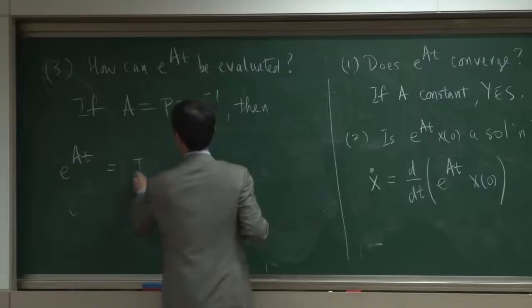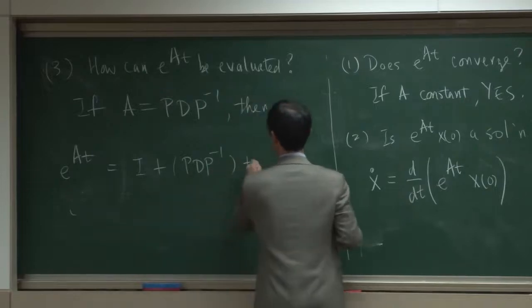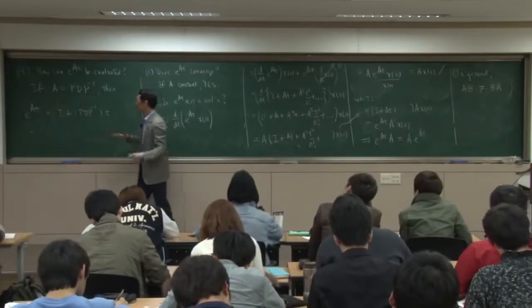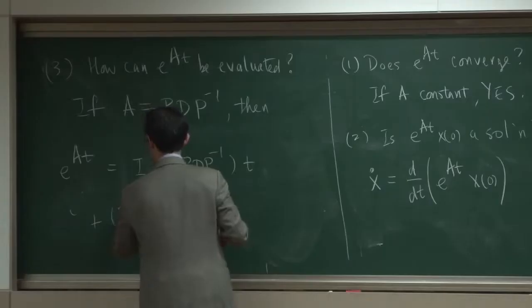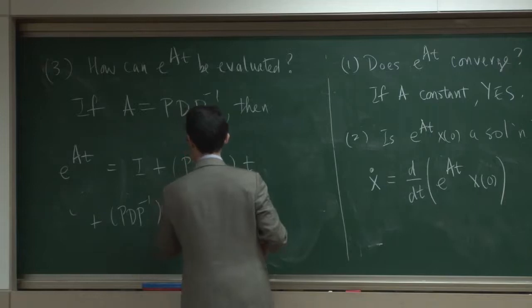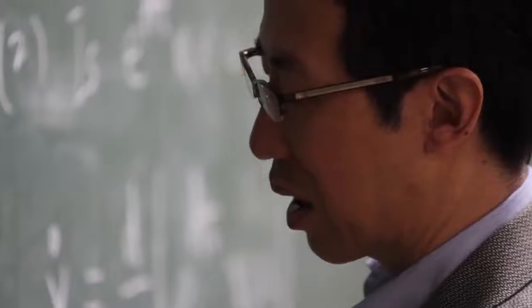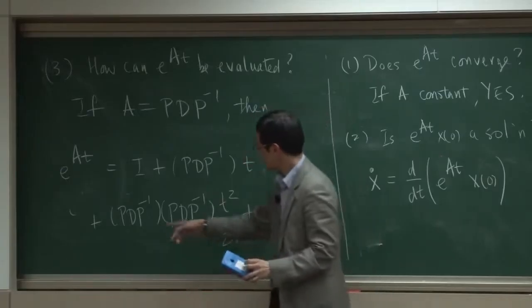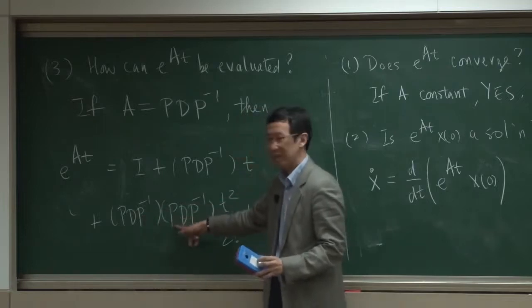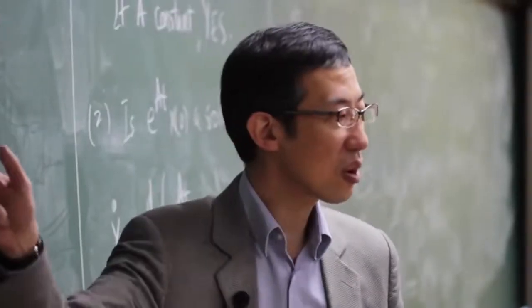It is I plus A, which is PDP inverse, times T, plus A squared, so PDP inverse times PDP inverse, T squared over 2 factorial, plus dot dot dot. What you notice here is that P inverse and P cancel. You have D times D, D squared, in the middle.